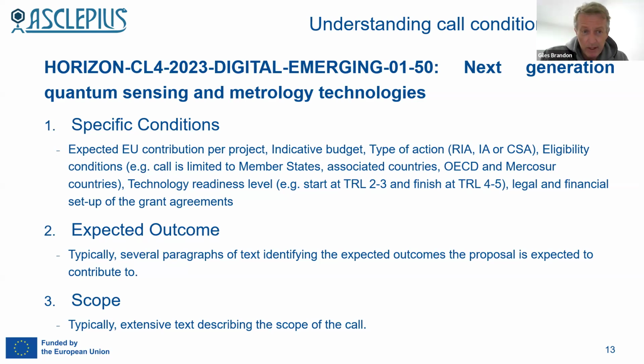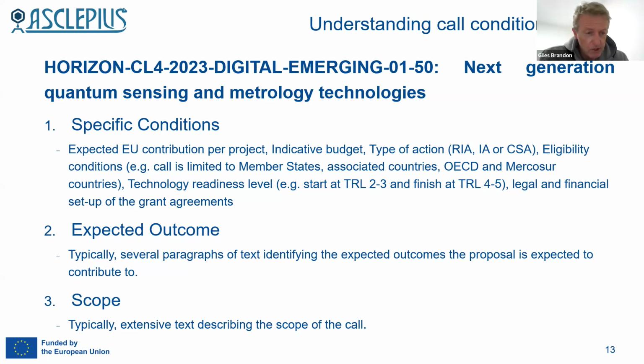Also, in the specific conditions, it will say about technology readiness levels. So if it's a research and innovation action, it might be saying that we're looking for proposals where during the course of the project, you go from TRL level 2 to TRL level 4, which is innovation action, obviously higher numbers.